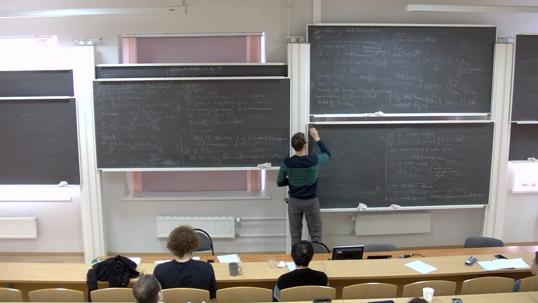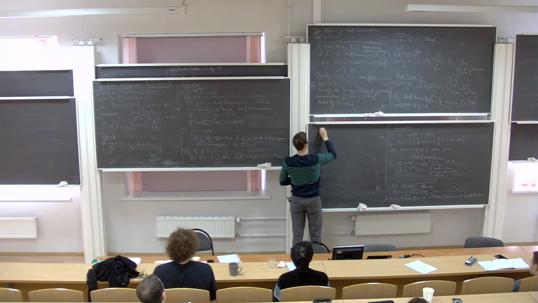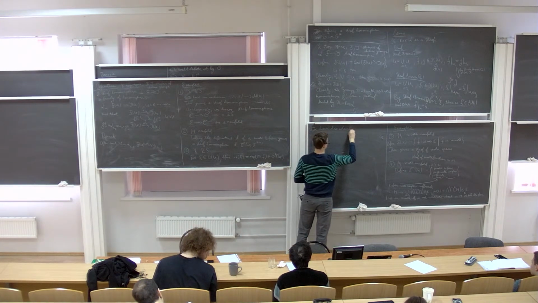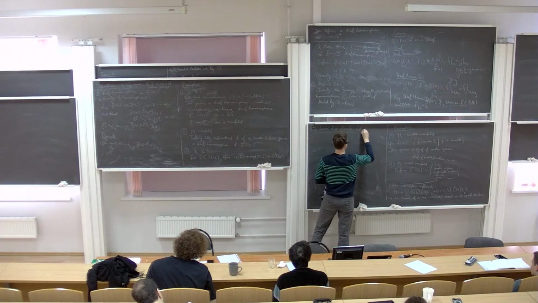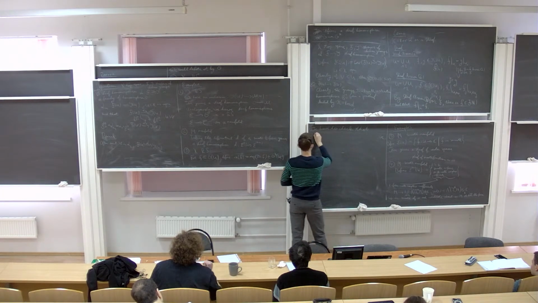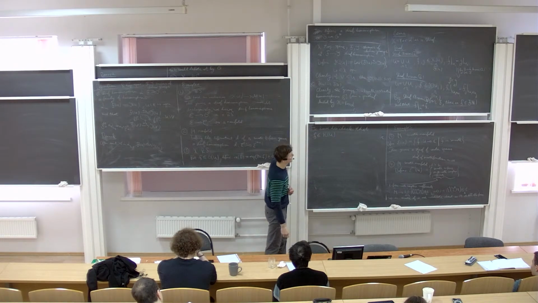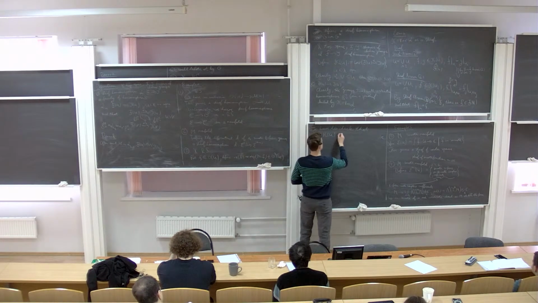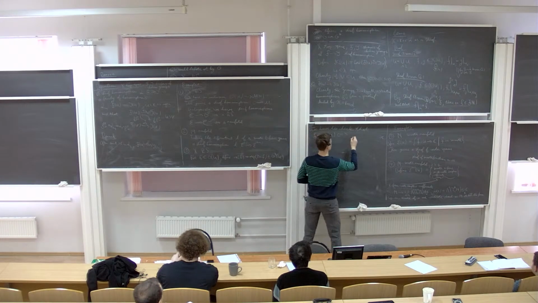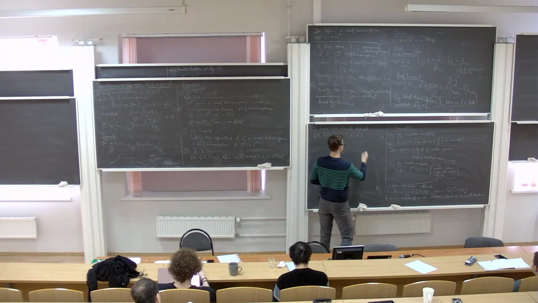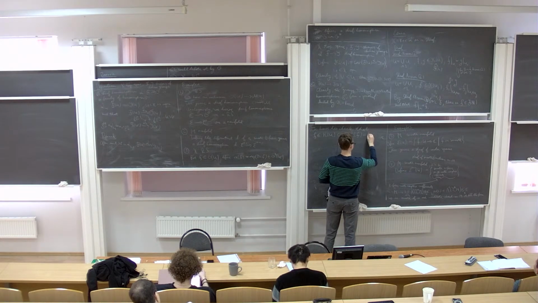So we have to check that f belongs to K(U), which is equivalent to the fact that alpha applied to f is equal to 0.